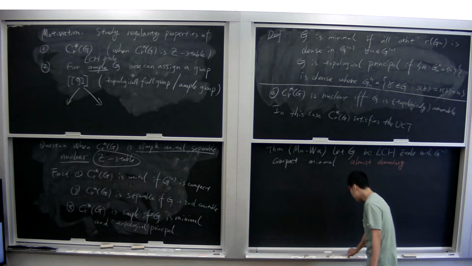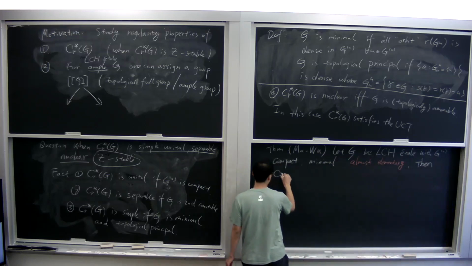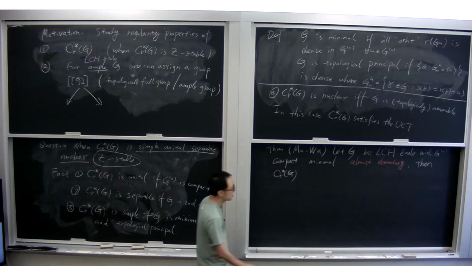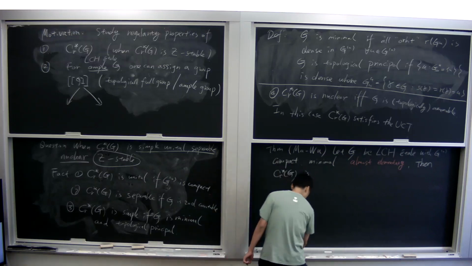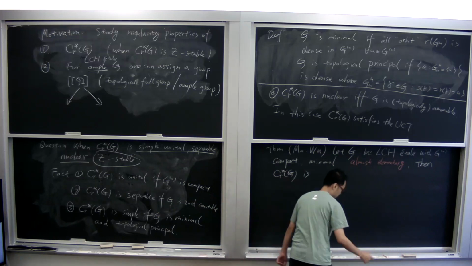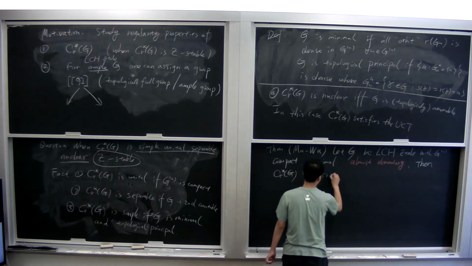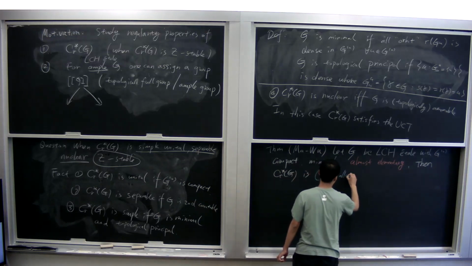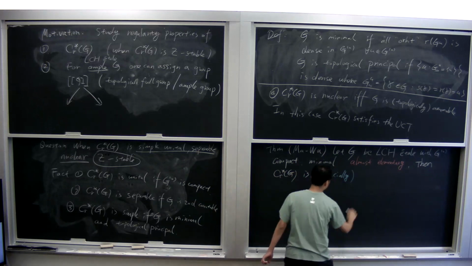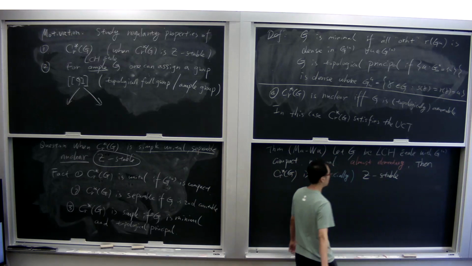So suppose we have this, then the reduced groupoid C*-algebra is spatially, that's important, Z-stable.